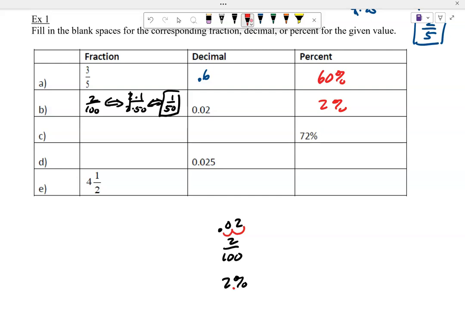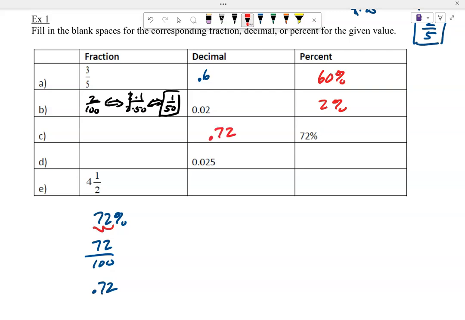Now 72%. This time we're given the percent. 72%. So if I'm writing that as a decimal, that's parts per 100, right? 72/100ths or 0.72. So the decimal's going back two places, right? 0.72.